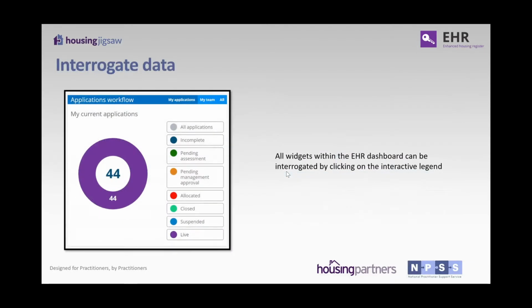So all the widgets within the dashboard can be interrogated by clicking on the interactive legend. The right-hand side is where, if you just click, you can actually go straight into the cases. And you can see more clearly there the My Applications, My Team, and All Applications.